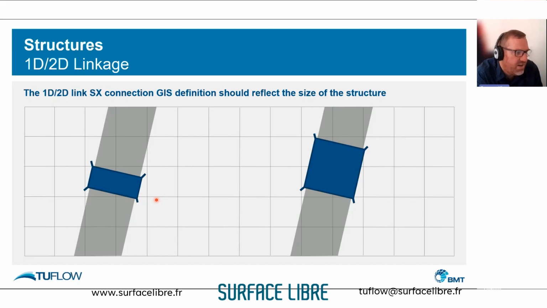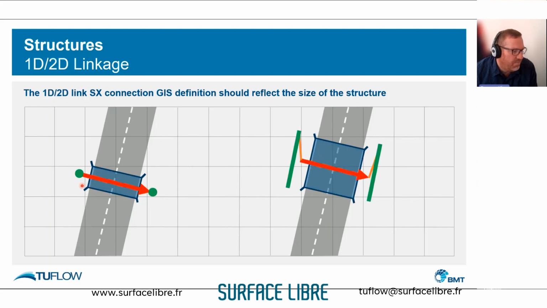We just need to make sure that SX connection reflects the size of the structure. So in this instance, we've probably got two culverts going on. We've got one culvert which is less than the cell size, so we can do point coupling, and on this one, the culvert width is probably about 2 cells.